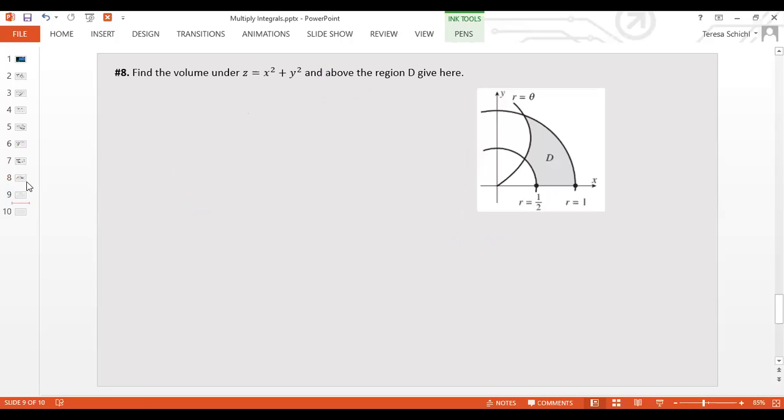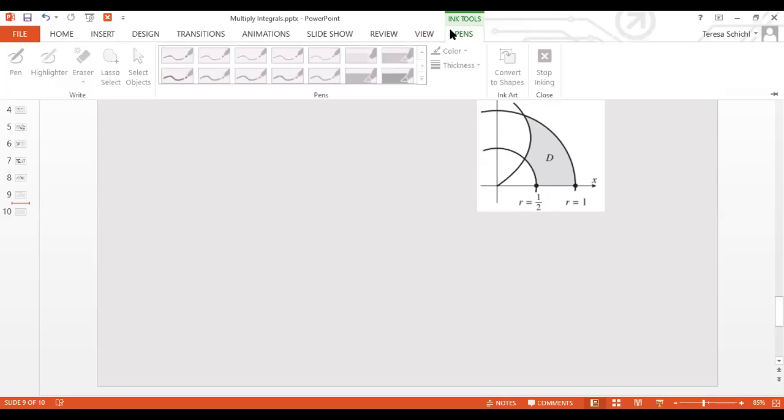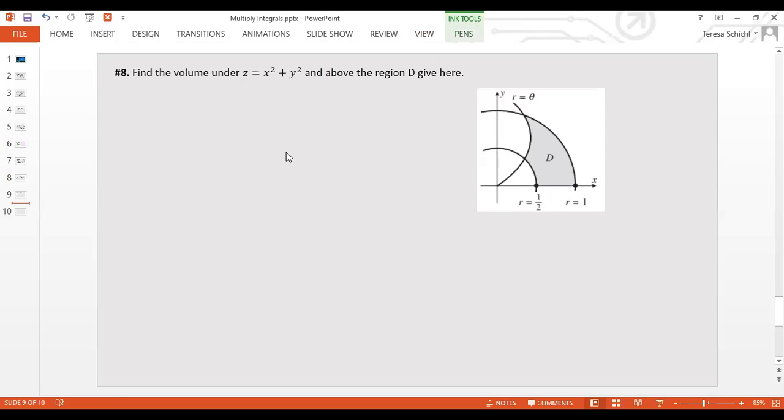Now let's take a look at the last one. Let's find the volume of z equals x squared plus y squared over this given region. So my function f of x, y is x squared plus y squared.